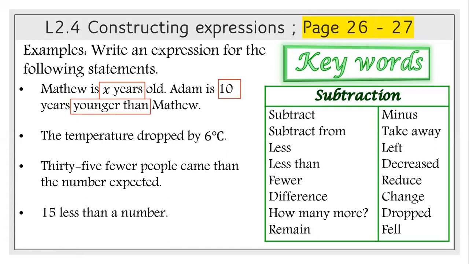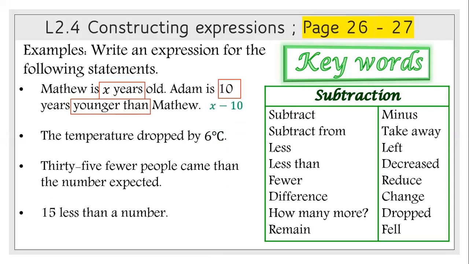So who can tell me what's the answer going to be? What should I write? Yes, Abdulrahman. X minus 10. Excellent job. So you should write x minus 10, Matthew minus Adam. Abdulrahman, mute yourself, please.